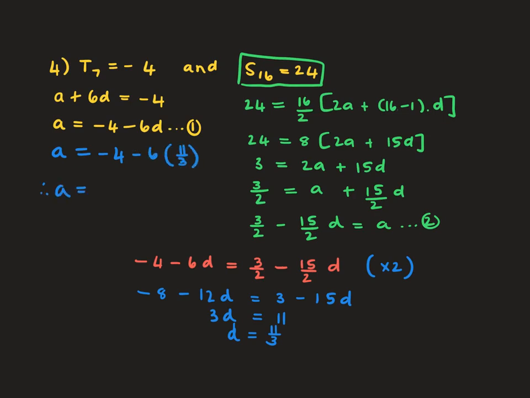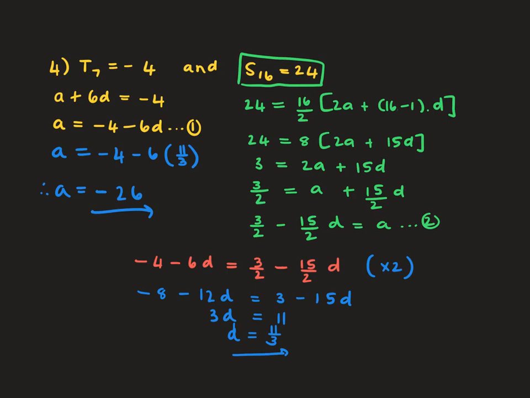So let's see what term 1 will be. It's going to be negative 4 minus, that will become 22. So term 1 is negative 26. So actually now your constant difference being 11 over 3 doesn't look so bad. And if you actually test this, you could check whether term 7 is equal to negative 4. So you could check your answer to see if you're correct. But we know that you're correct because you're super smart.